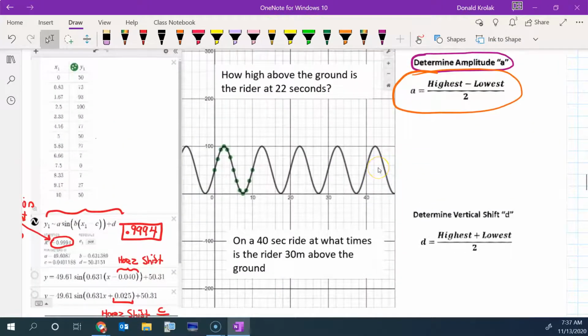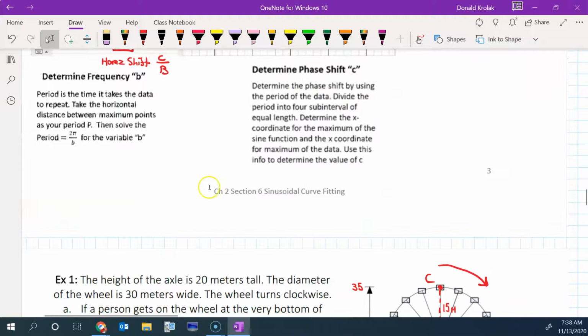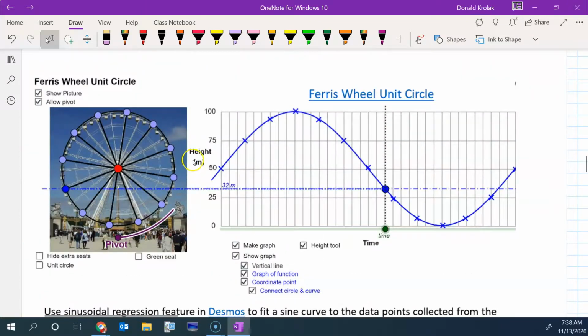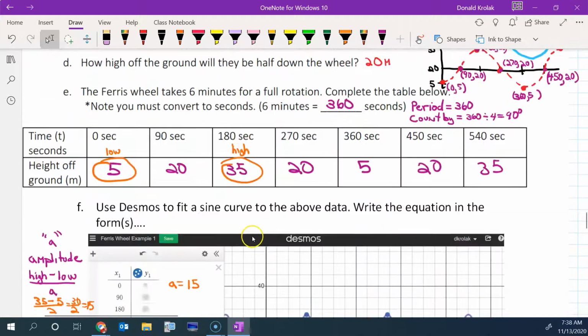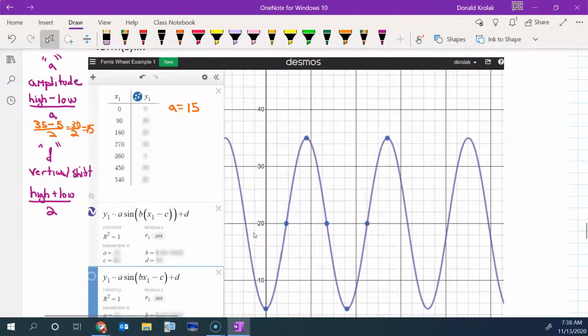To get the midline, you take the high and the low, add them, and cut it in half, and that gives you where this line is. That's your midline, which is the same as the vertical shift. In our case, we would have 35 plus 5 divided by 2, and that's going to be 20. So A is 15, D is 20.